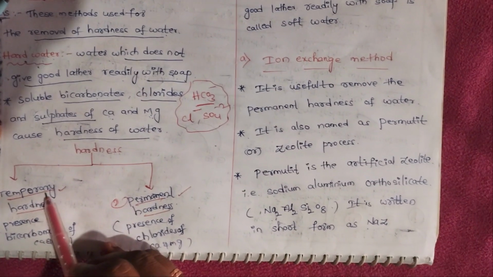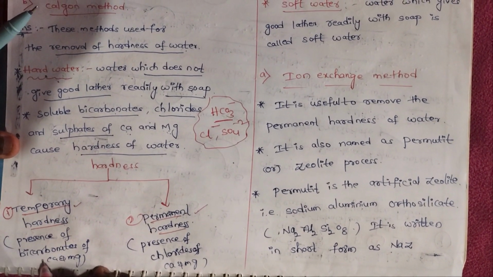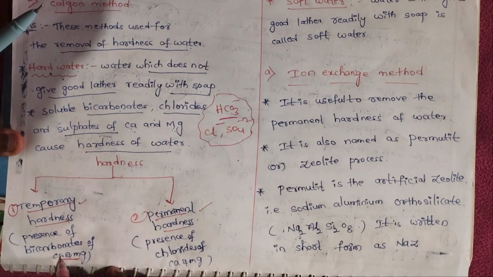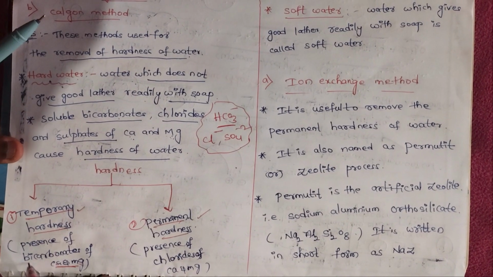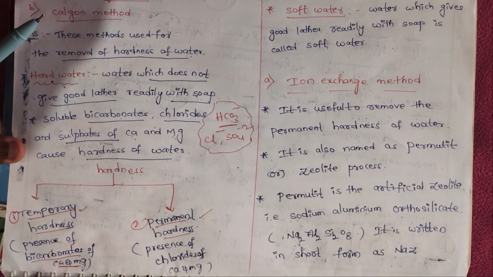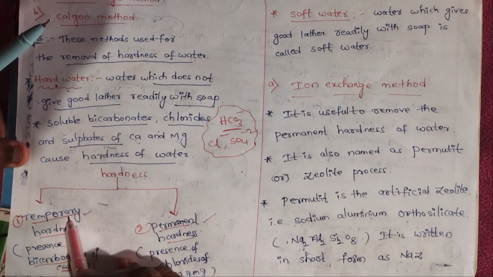How does temporary hardness occur? In water, calcium and magnesium ions are present in bicarbonate form. That leads to temporary hardness.